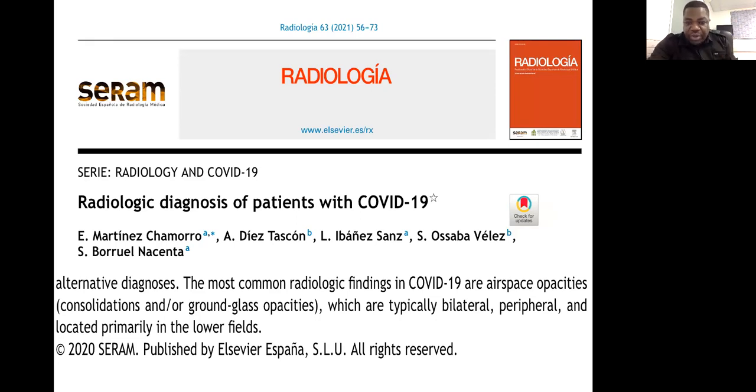So the most common radiologic findings in COVID-19, according to the authors, are airspace opacities that include consolidations and/or ground glass opacities. And interestingly enough, these authors found that those lesions are bilateral, mostly peripheral, and located primarily in the lower field of the lungs.